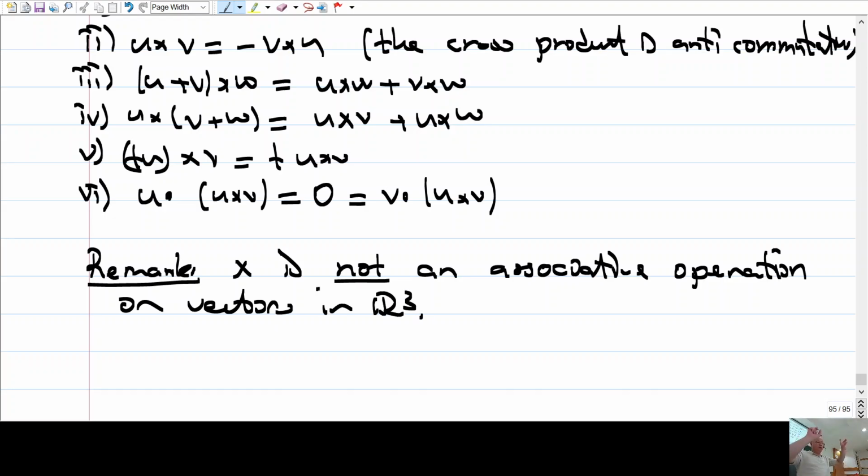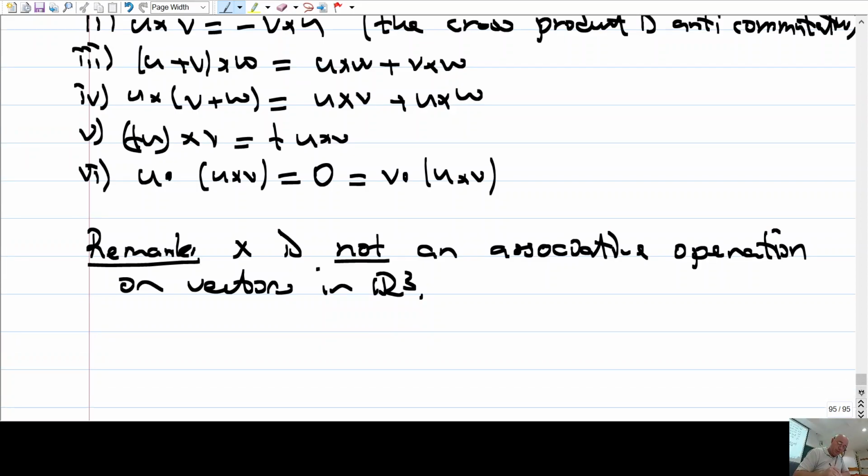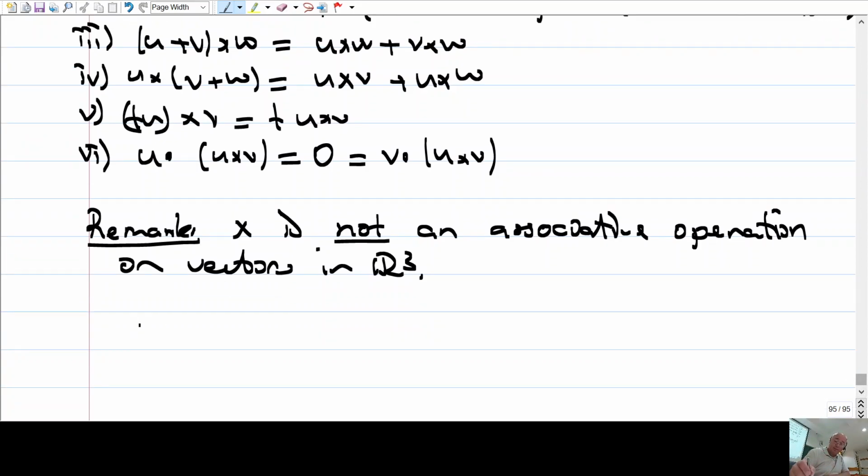It's an operation. You give me two vectors, I give you a third one, right? Cross product. But this operation is not associative, meaning this.